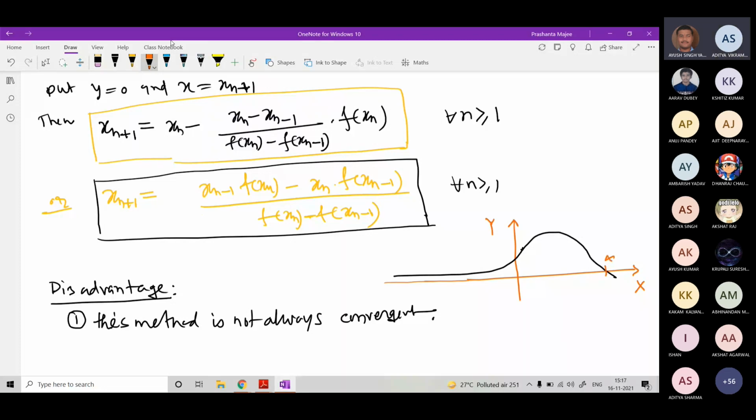So now what do you do? Choose two initial points here. The two initial points are P and Q. So it is P, it is Q. Now in this method, what do we do? We draw a chord joining these 2 points. So the chord will be this one, joining P and Q. So this is the chord. So we'll get this intersecting point.